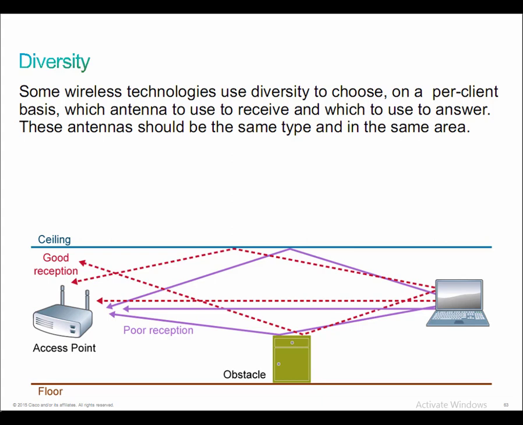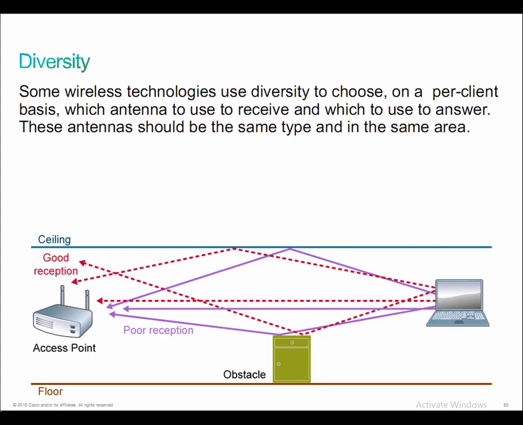A very important concept to understand about diversity is that the algorithm that the AP uses compares the signals that the AP hears from both antennas. That means that the client signal must be heard on both antennas in order for diversity to work. We need to make sure that both antennas are oriented correctly and placed in the right position.